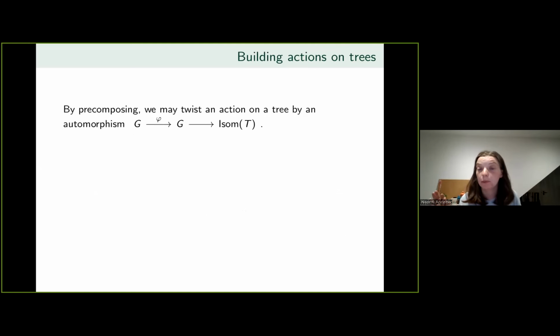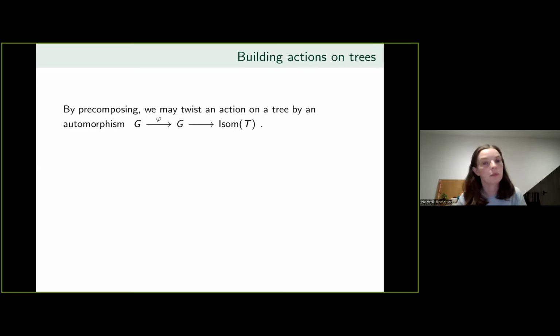So where am I going to come up with my actions on trees? The answer is I'm going to begin with a group which acts on a tree somehow, and every time I do this and I have an automorphism, I can get another action of the same group on a tree. The easiest way to see this is to remember that group actions are secretly homomorphisms into the automorphisms of whatever object you're acting on.